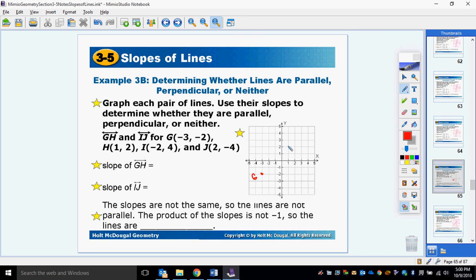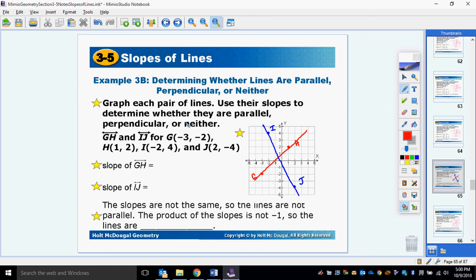H is at 1, 2. Then I have I at -2, 4. And J at 2, -4. So it looks like they could be perpendicular, but I never know, so let's check them out.